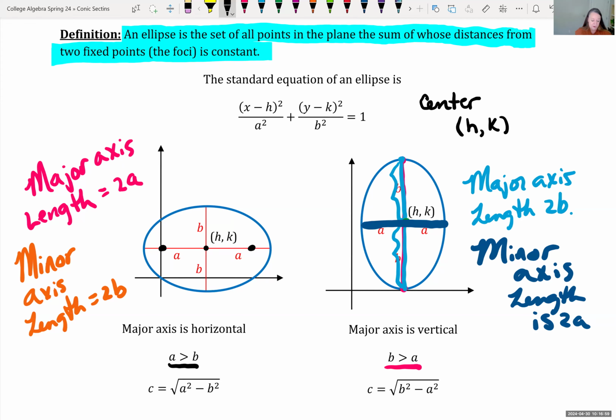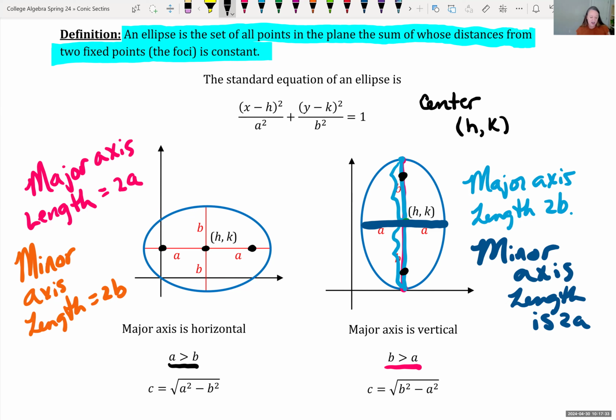To find those foci, notice that to get from the center to this focus, I'm changing the value of x, going either left or right, which affects the x value of my point. Over here, on this major axis, I'm either going up from the center or going down, so that's affecting the y value of my point.